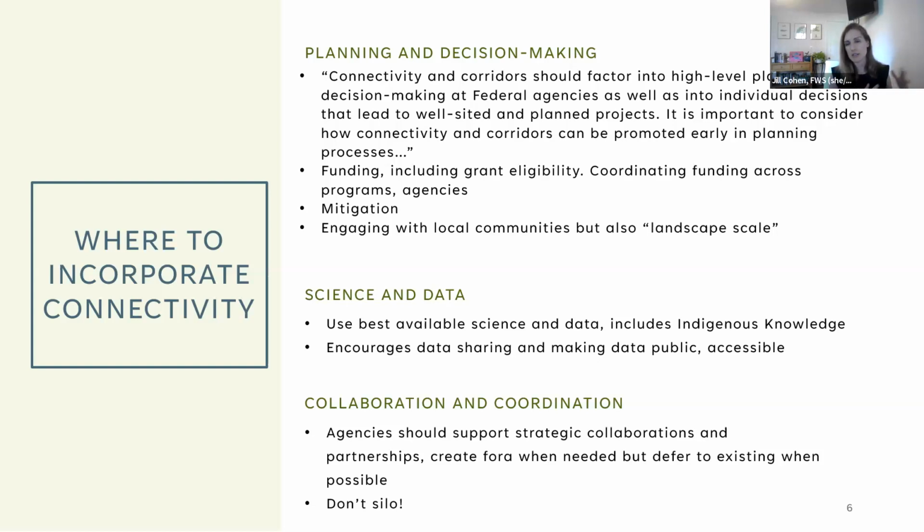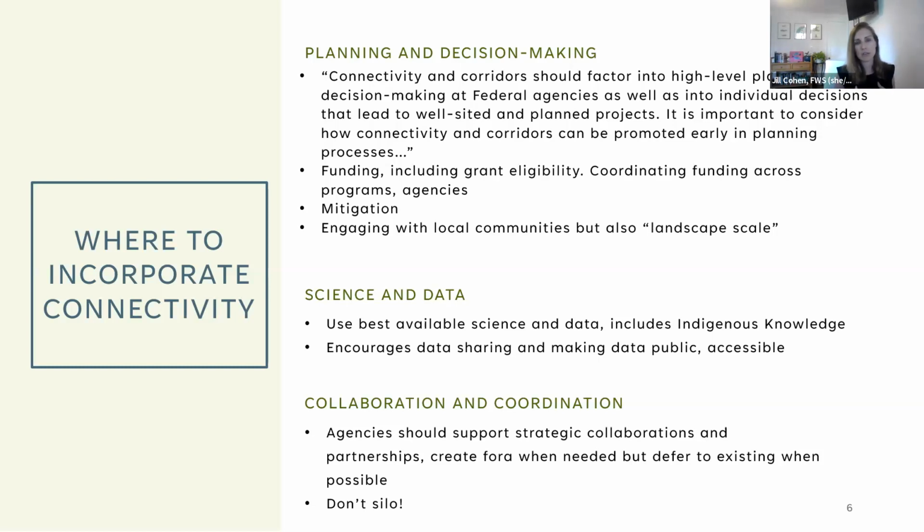This particular guidance doesn't go too much into that, but it does specifically call out that Indigenous knowledge is part of best available science and data. And it encourages data sharing, making our data public and accessible, as well as encouraging federal agencies to incorporate data from outside sources and how to do that in our decision making.